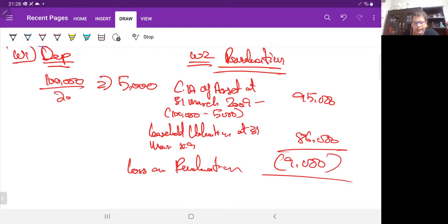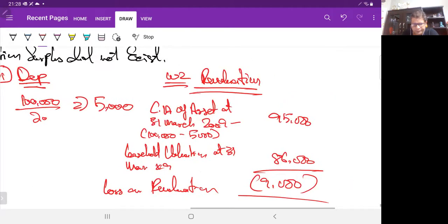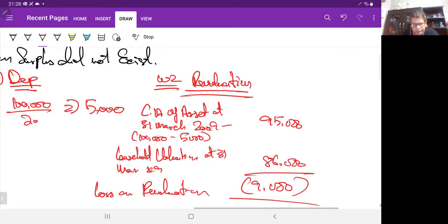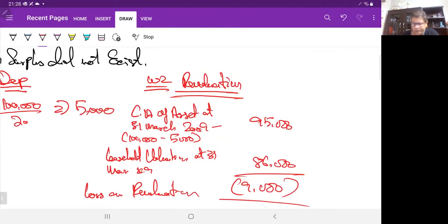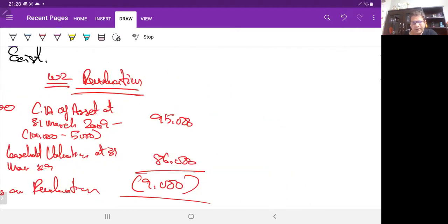Let us make the extracts now. Simply. Firstly, we will have statement of profit or loss and other comprehensive income.